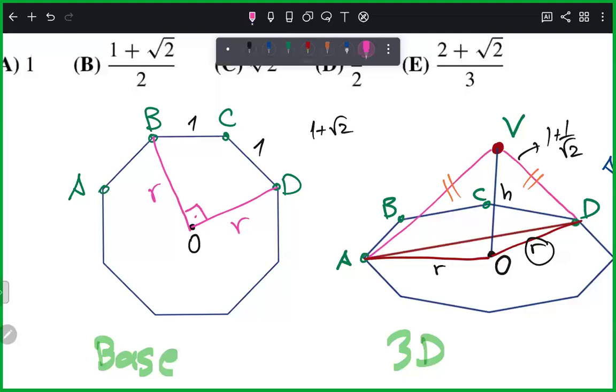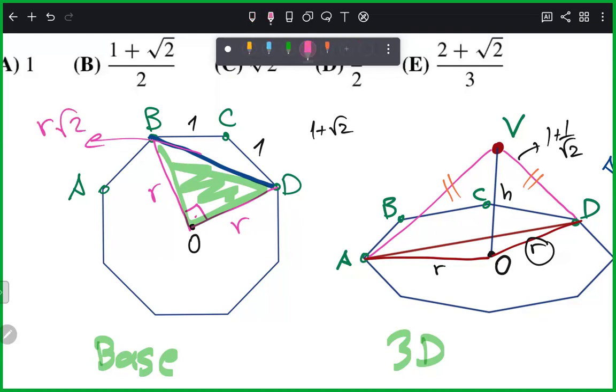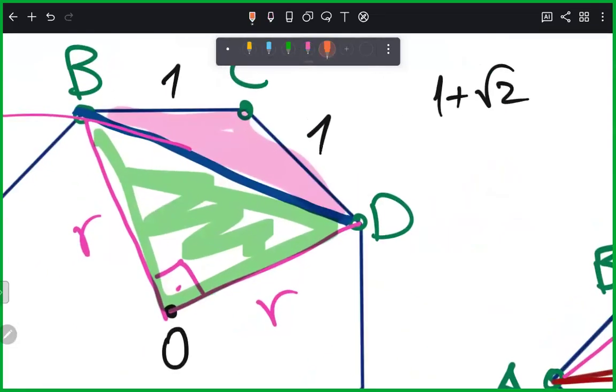Then I'm going to find BD in two different ways. Using this isosceles right triangle, this is R root 2 on the one hand. On the other hand, I can find it using the law of cosines with triangle BCD, using the fact that this angle is 135.